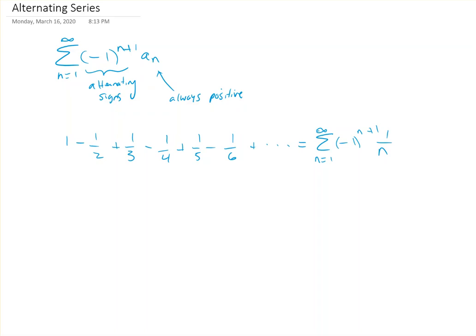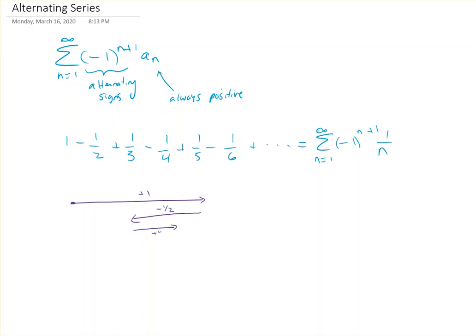But this alternating series, let's think about this. Let's imagine we're starting off with 1, so we're going to add 1. Imagine we're starting here, adding 1. And then we're going to subtract a half. Now we're going to go back and add a third.